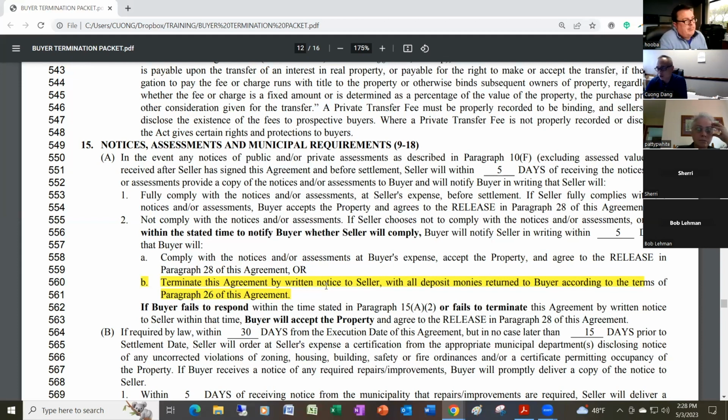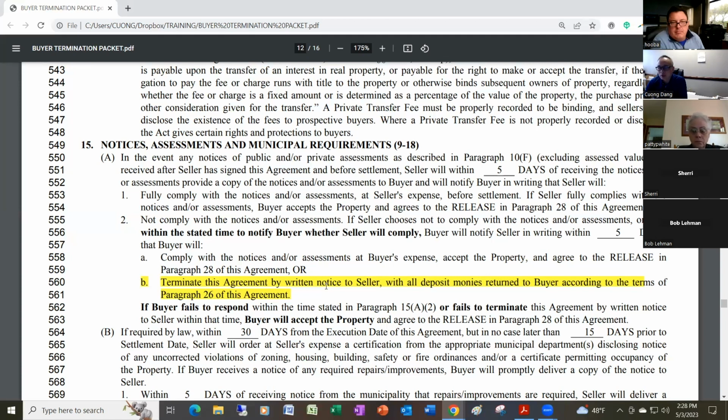Don't worry about it. You're still buying the house, okay? But if the seller doesn't want to comply, then under 15, capital letter A, paragraph 2, lowercase b, where I have it highlighted, terminate this agreement.